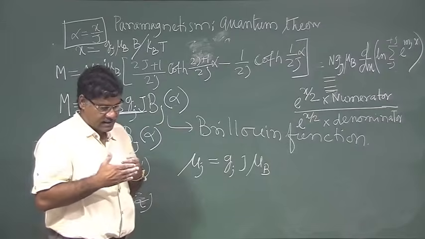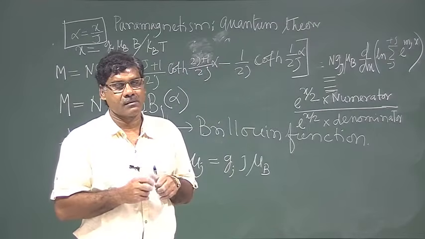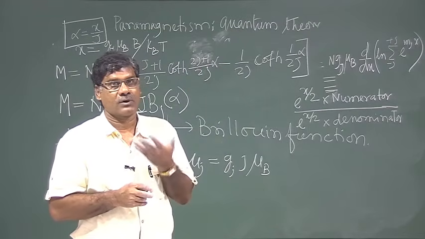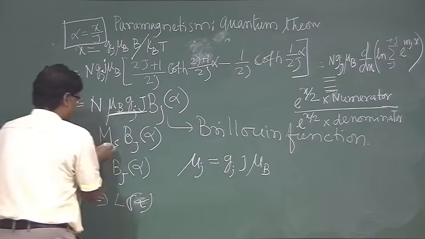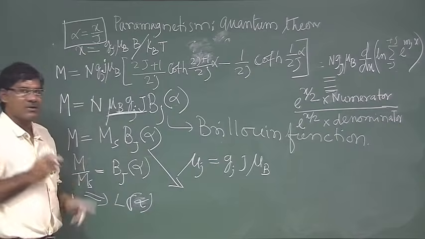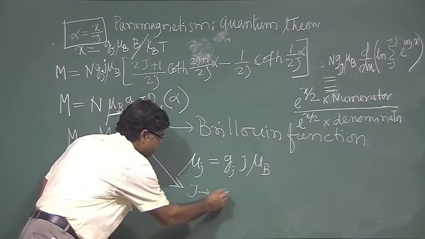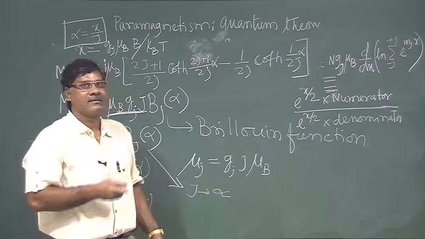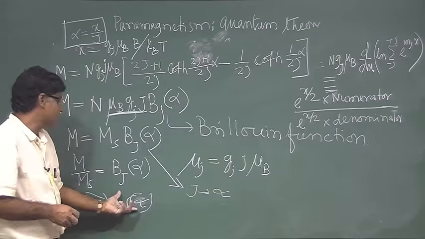So, if in the Brillouin function you consider j tends to infinity, then you can get this Langevin function.